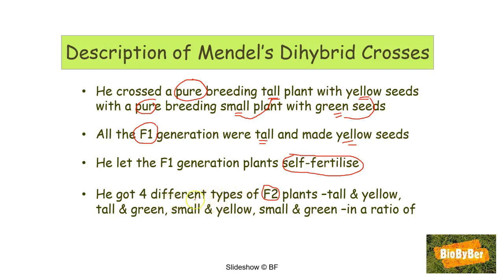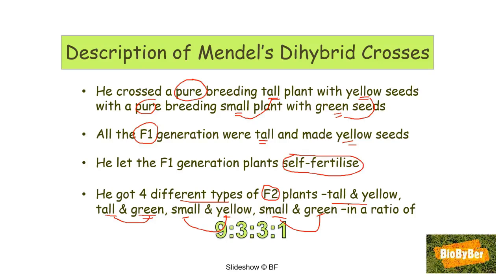And in the second generation, he got 4 different types of plants. He got tall and yellow ones, which we saw before, tall and green ones, or green-seeded ones, a new combination. Small pea plants, which produced yellow seeds, and small pea plants, which produced green seeds that we saw before, in a ratio of 9:3:3:1.